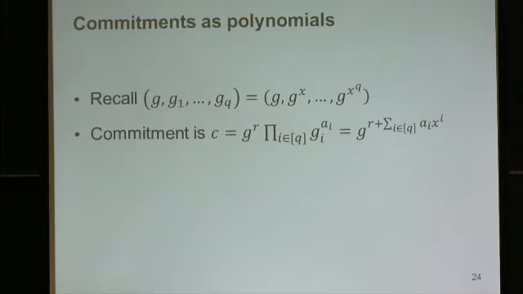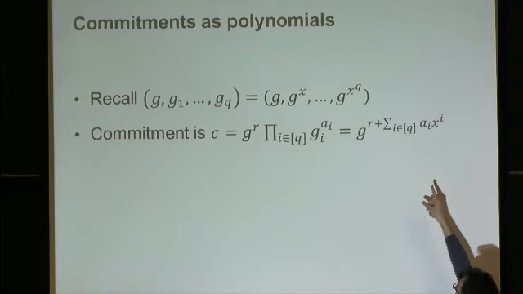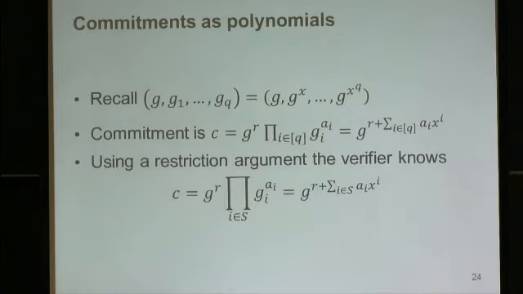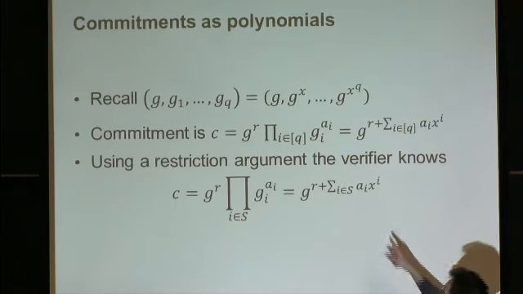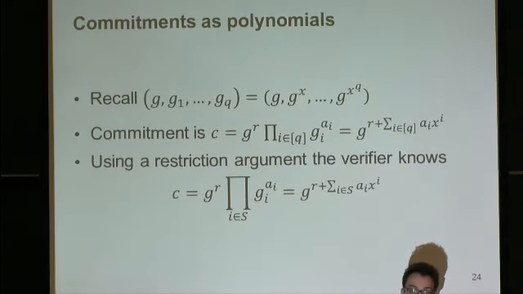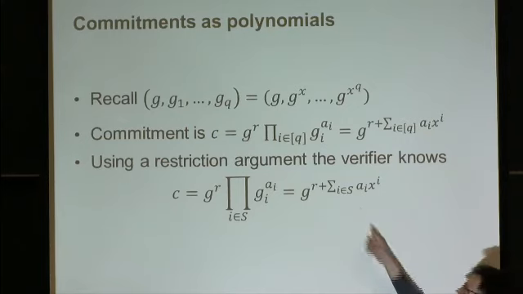If you look at a commitment, it was a product of these g_i's raised to a_i's, which is really the same as g raised to a polynomial, r plus the sum of a_i times powers of x. If you use a restriction argument, then you can guarantee that this is a polynomial where some of the coefficients are 0 and other coefficients might be non-zero. So you can basically restrict the non-zero coefficients to a set S.